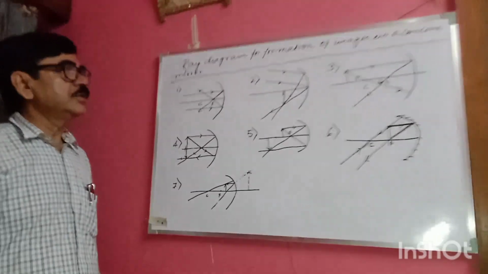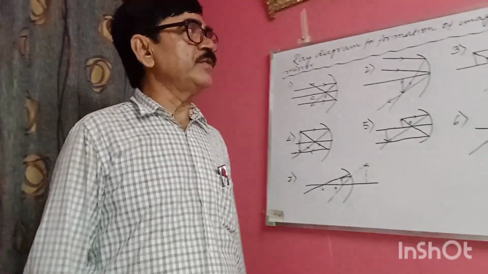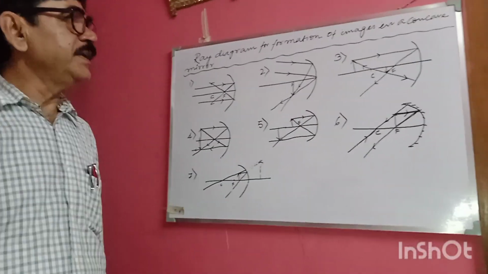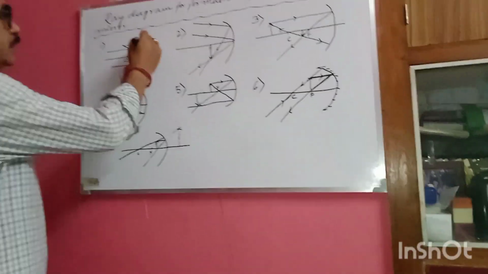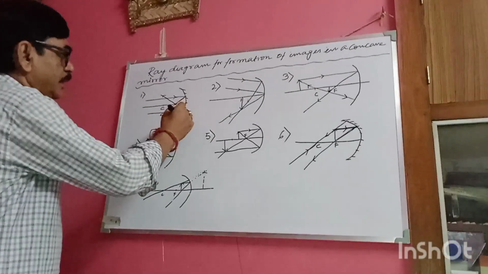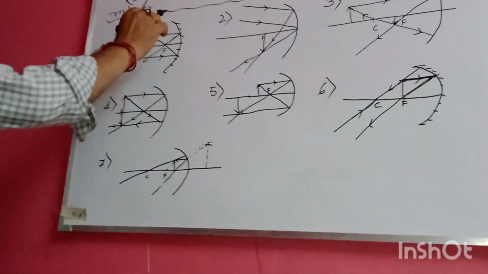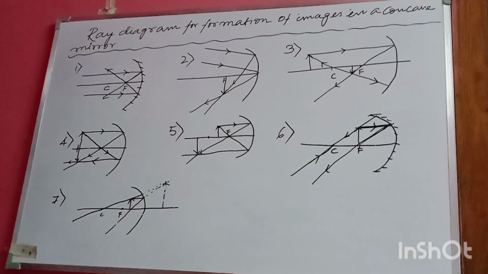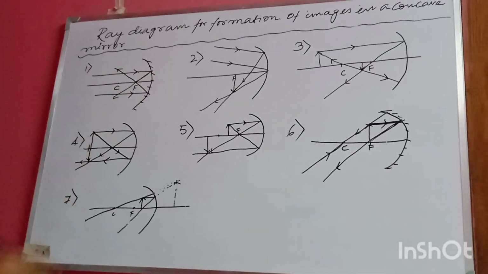Now we are going to show the ray diagram for formation of image in a concave mirror. Before going to this part, we should know two points. Number one: when a ray of light falls on a concave mirror parallel to the principal axis, it must go through the focus.